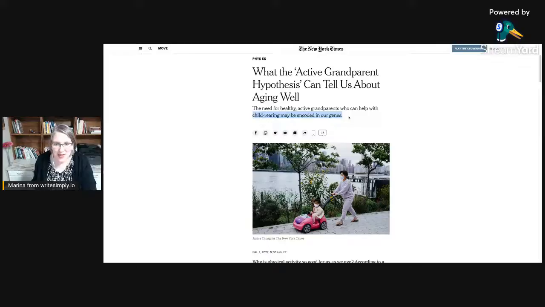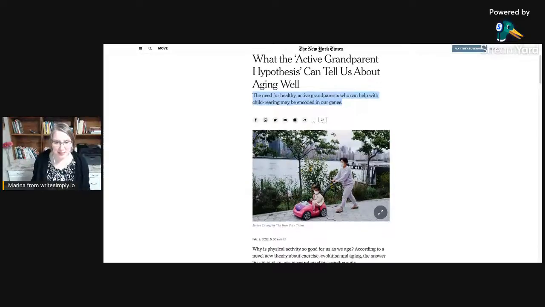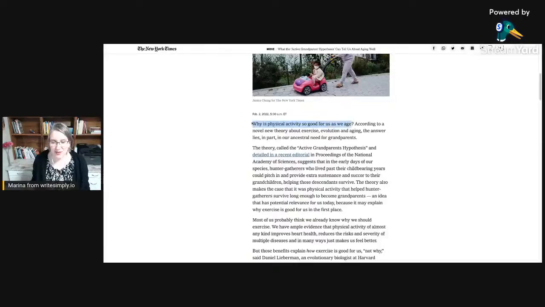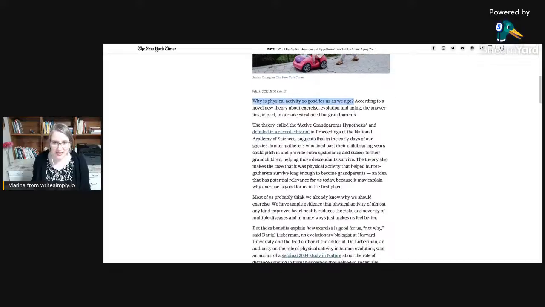The need for healthy, active grandparents who can help with child rearing may be encoded in our genes. Okay, let's see. What do they say? What are their reasons? Again, we want to skim. Why is physical activity so good for us as we age? Are they going to give us some reasons?